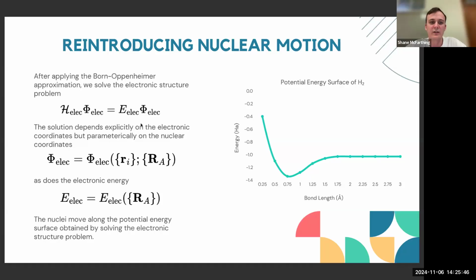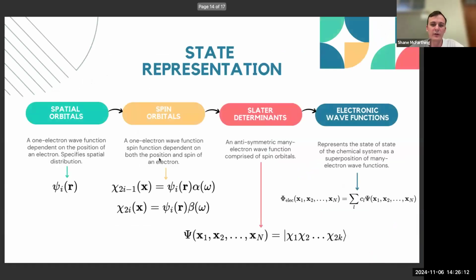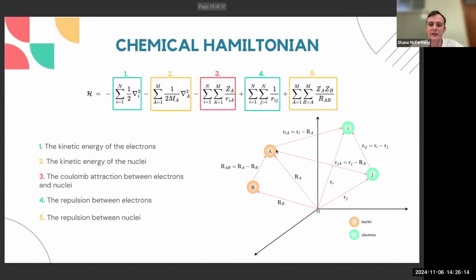So we're trying to find the solutions to this problem, which form specific electron states of the chemical system. And when we applied the Born-Oppenheimer approximation, we removed the motion of the nuclei. And as a result, our wave function depends only parametrically on the position of the nuclei. And that's what I mentioned on the slide here.